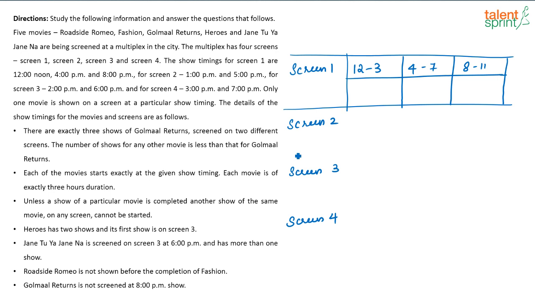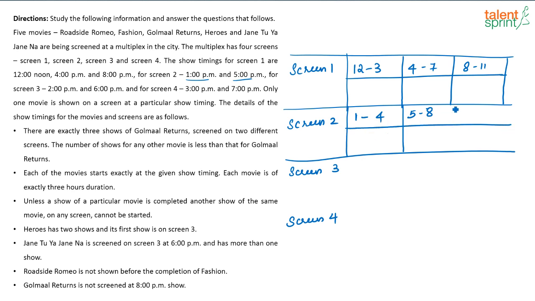Now look at screen 2. When are movies shown in screen 2? 1 p.m. and 5 p.m., or 1 to 4 and 5 to 8. These are the movie timings for screen 2.